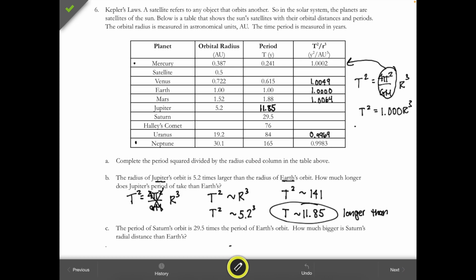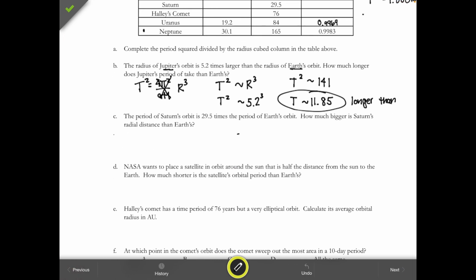Cool, so this is just rinse and repeat. For each one of these, I'm comparing two things. Since I'm comparing two things, I'm going to be comparing t squared to r cubed, substituting, solving. Saturn's time period is longer than Earth's by 29.5 times. So if I do 29.5 squared, that's equal to r cubed.